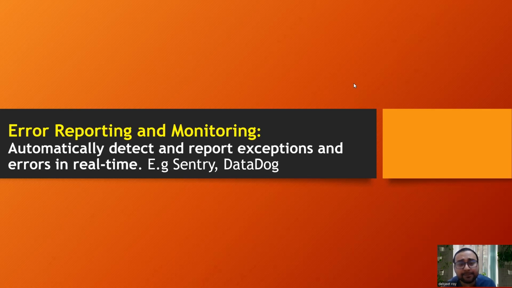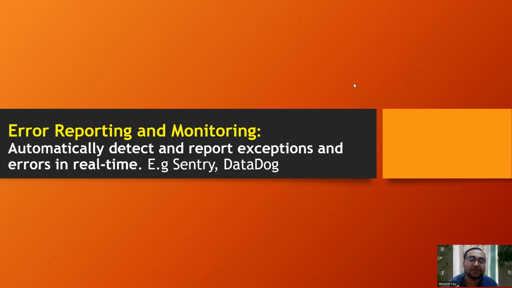And the last one is error reporting and monitoring. With the help of tools like Sentry and Datadog, we can automatically detect and report exceptions in real time, at the point of time when they happen. Sentry is basically a log reporting tool.